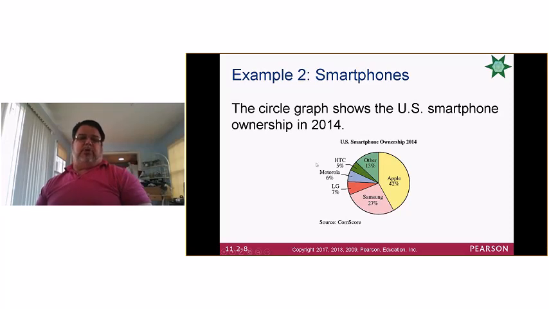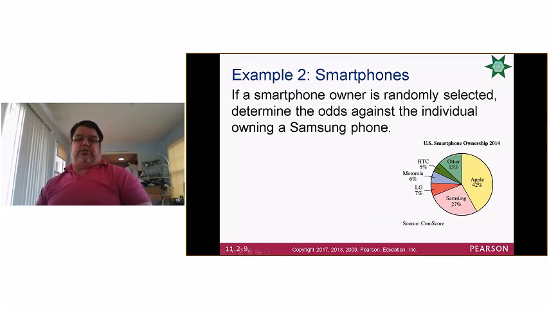So they want to know, there it is again if you need to copy it: if a smartphone owner is randomly selected, determine the odds against the individual owning a Samsung. The odds against owning a Samsung. So what would be winning? Owning a Samsung.